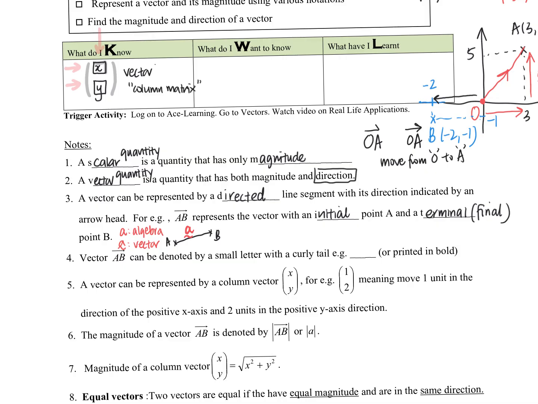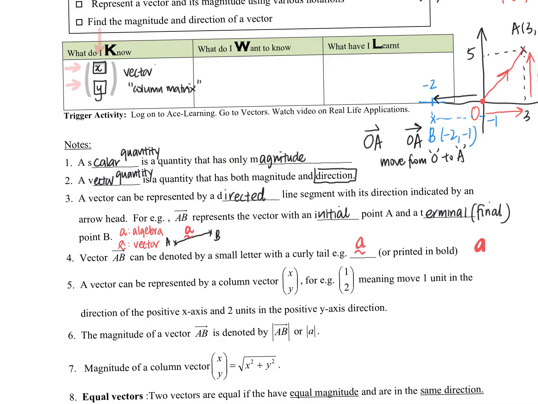So it's just a symbol for it. So we will just write this to represent a vector. Or if you are able to bold it, then you can bold it. When I type, I can bold it, but when you draw, you cannot. So you represent it by a curly tail.